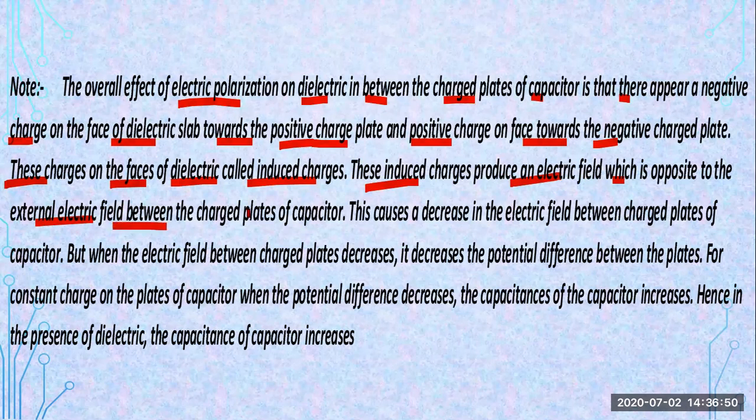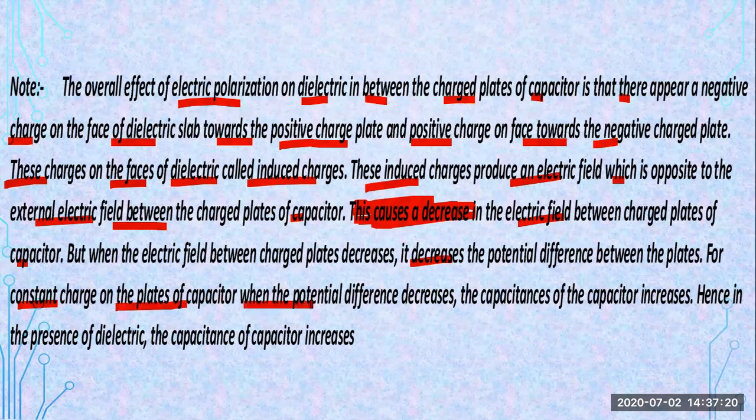This causes a decrease in the electric field between the charged plates of the capacitor. But when the electric field between the plates decreases, the potential difference between the plates decreases for constant charge on the plates of the capacitor.